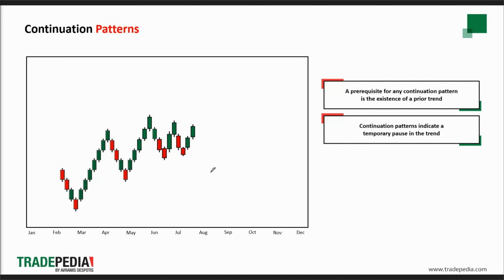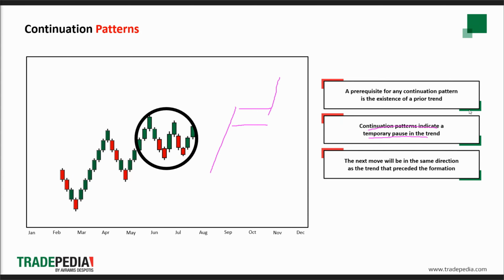In order for the price to continue higher, there should be an uptrend before that, then consolidation, then it goes higher. Continuation patterns indicate a temporary pause in the trend. In this case, the circular part is the consolidation period. The next move will be in the same direction as the trend that precedes the formation.